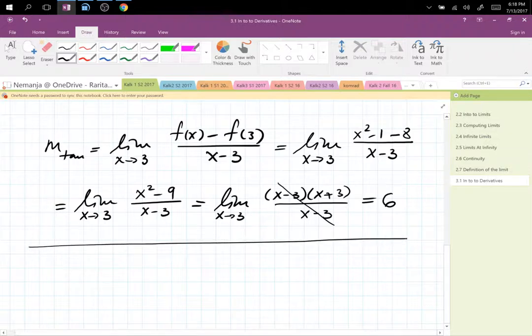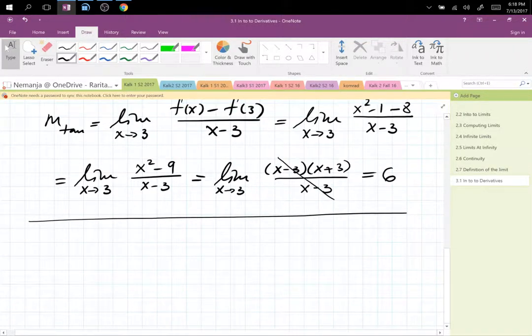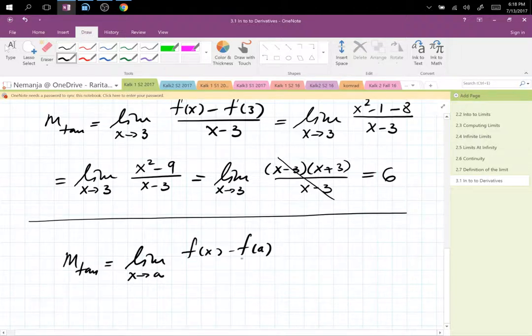So for instance, this derivation that I'm doing right now would be the question on the honors exam. So what I'm doing right now, which is the slope of the tangent line, is written as the limit as x approaches a of f of x minus f of a divided by x minus a.